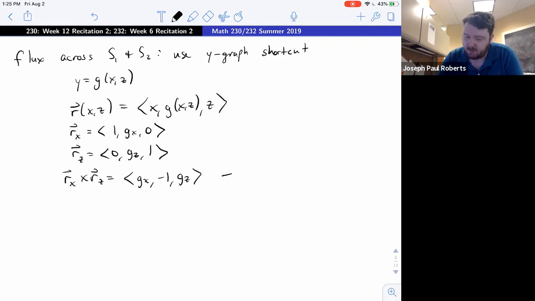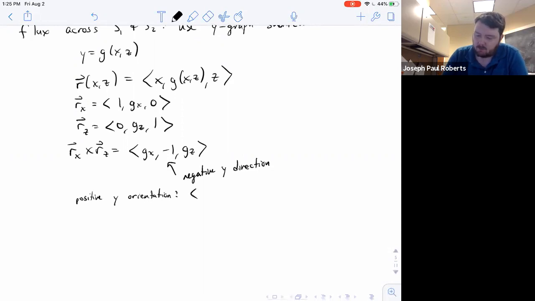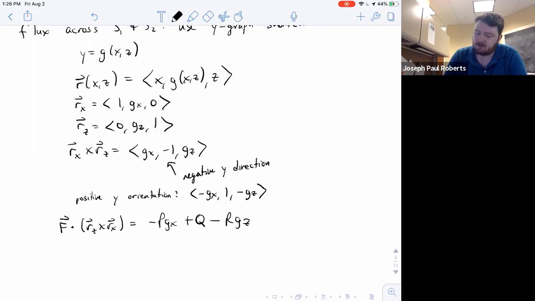Because notice this K component is minus 1, which means that for positive Y orientation, you would want to use minus Gx, 1, minus Gz, and then when you go to do F dotted with that, so I'll write it as Rz cross Rx is the positive Y one. That's where you would get minus P Gx plus Q minus R Gz.